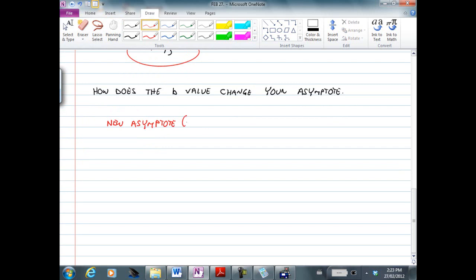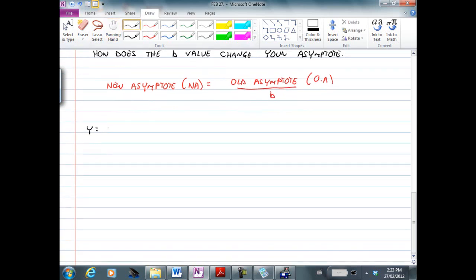New asymptote, I'm going to use NA, equals old asymptote over B. I'm going to use OA for old asymptote. So we're going back to this question: y equals tan 3 theta.